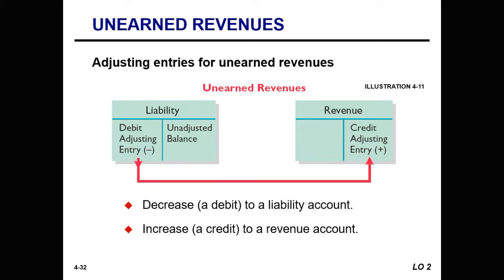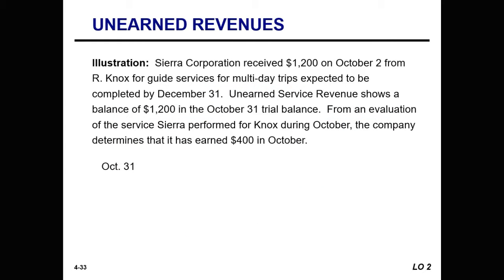Let's talk about Sierra Corporation again, who received $1,200 on October 2nd from R. Knox for guide services for multi-day trips expected to be completed by December 31st. So the $1,200 is an amount that we have received. We have not yet performed a service obligation on October 2nd, so we recognized it as an unearned revenue.